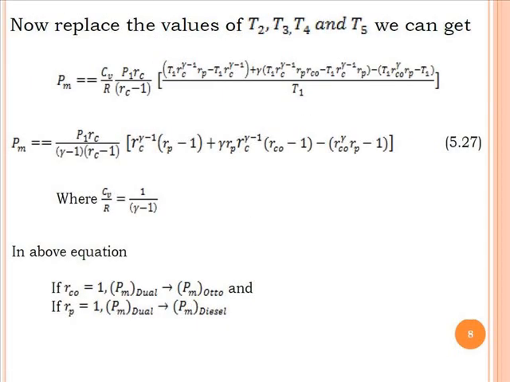This is equation number 5.27, the equation to find out mean effective pressure for dual cycle.